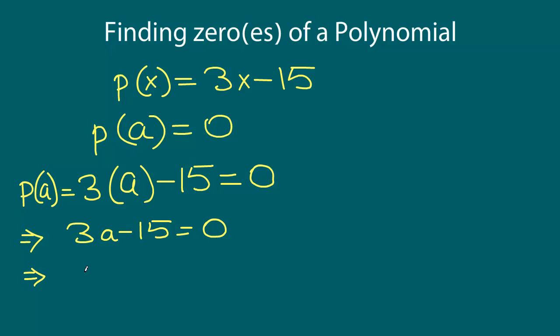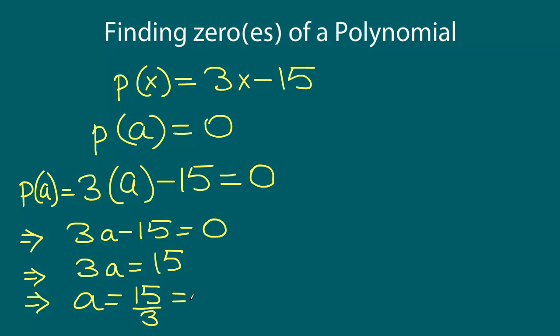We will take 15 to the other side. We will have 3a equal to 15. And then we will divide both sides by 3, and we will get a equals 15 divided by 3, which is simply 5. So we have found the zero of our polynomial, and that is 5.